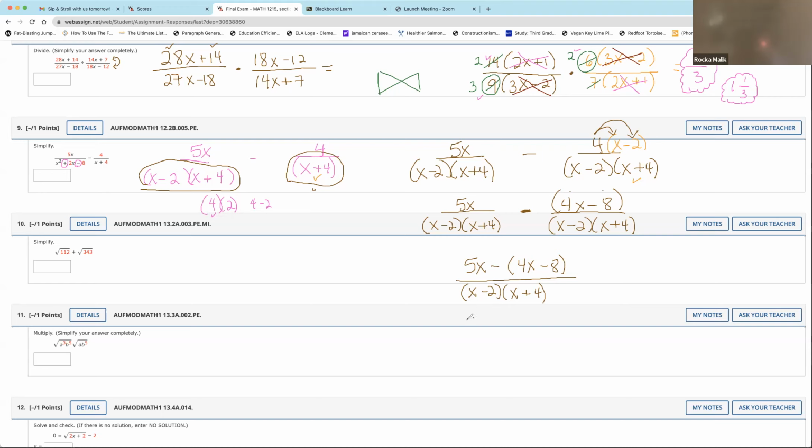So 5x minus 4x. That's me giving this 4x the minus sign. And minus 8 is plus 8. Same denominator. It's not going anywhere.